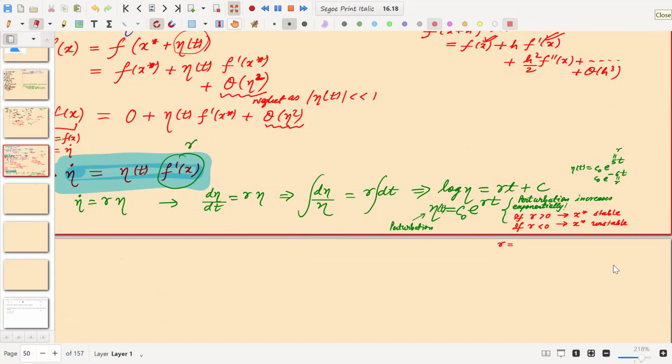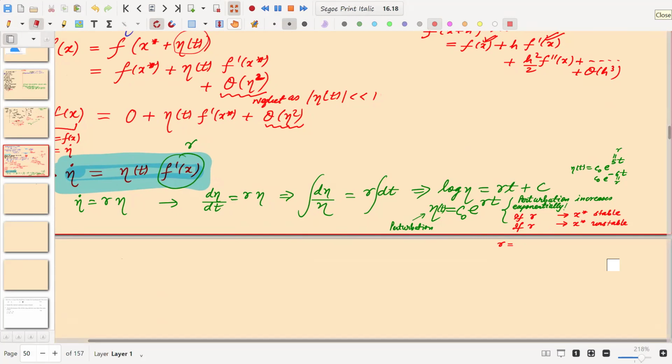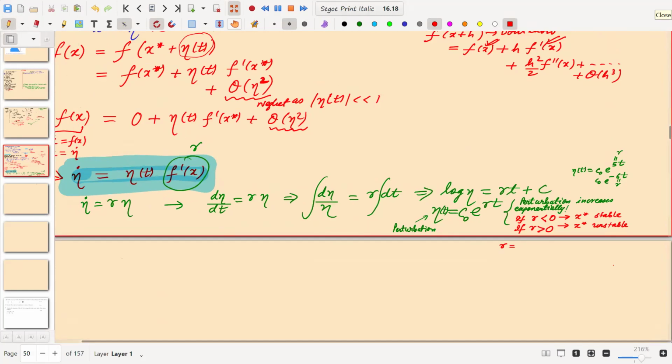I made a mistake here. So what should it be? R less than 0, it should be stable. R greater than 0, it is unstable, right? Now what is R? Remember here, R is nothing but f prime of x, right? From here you can see I already marked R to be f prime of x.